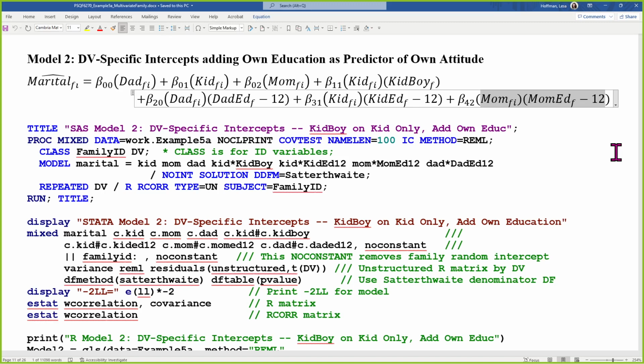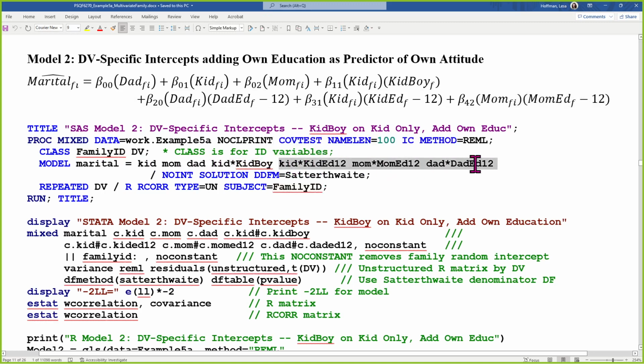But this way allows us to have each other's educations predicting each other's outcomes in addition. So I'm keeping the one effect of gender here and then adding 3 new main effect slopes: the effect of each person's education on their own outcome.